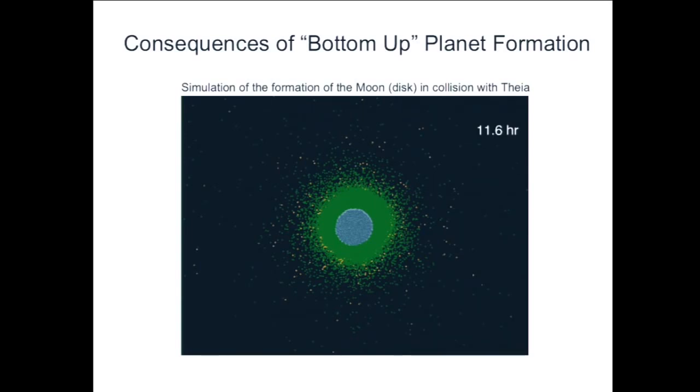This debris takes the form of a rotating disk around the Earth, and out of that rotating disk, the moon formed, much like the planets formed in the rotating disk around the sun. So the moon formed out of this debris, this disk of debris created in the collision. So that's the basic picture of how we think the moon formed.